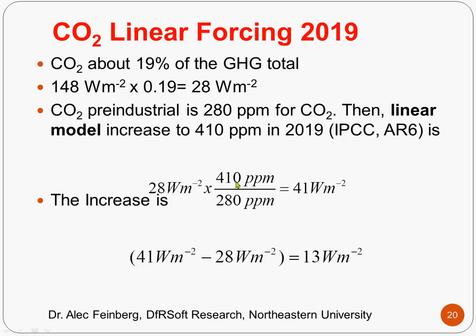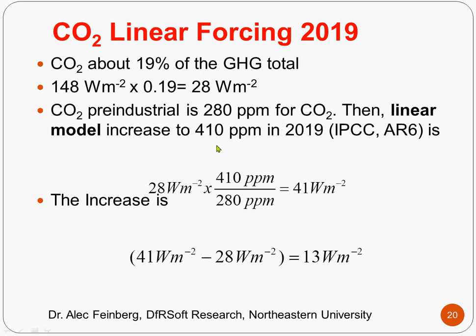So now what we want to do is we're going to use a linear model, and we're going to say, okay, we have this number, it's 19%, the contribution, which is 28 watts per meter squared. And what was the pre-industrial amount of CO2 in the atmosphere? That was about 280 parts per million.